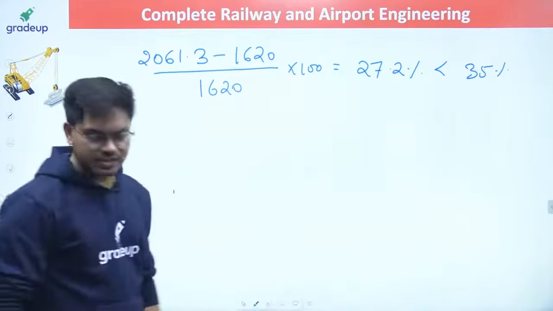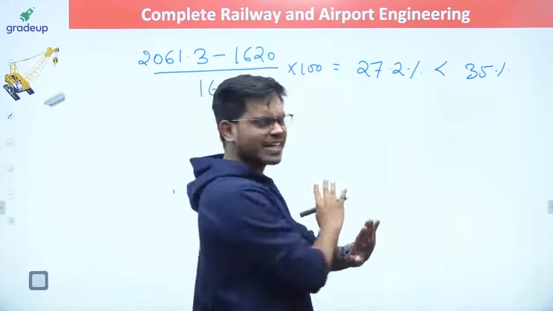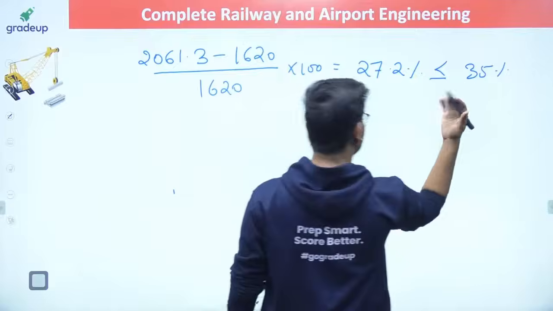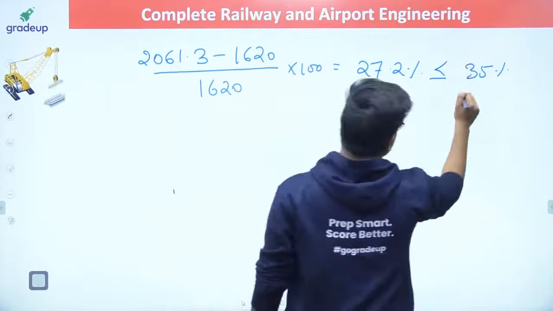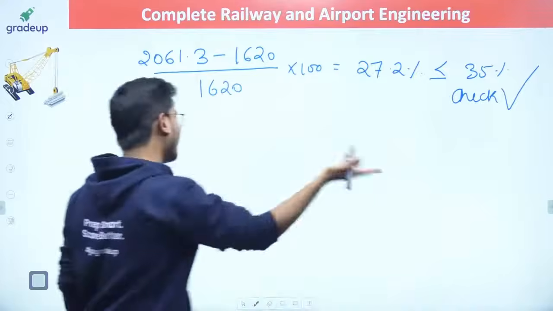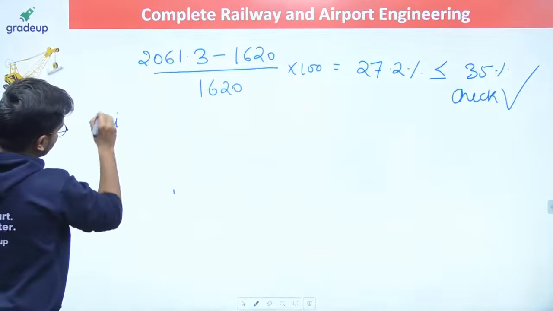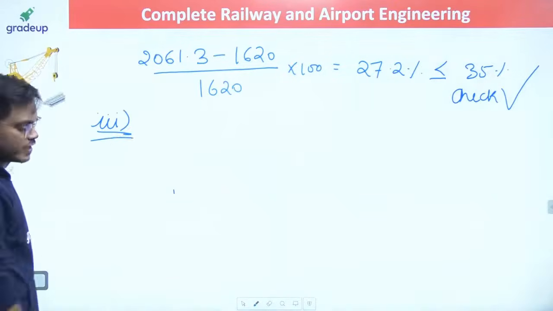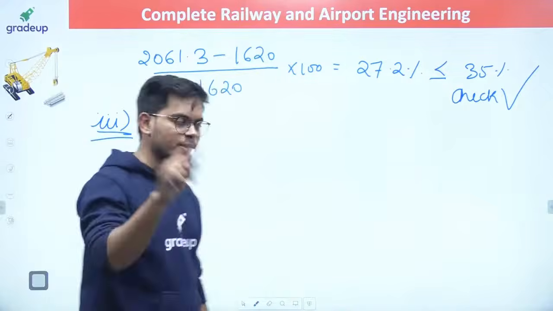So the check is correct. If it is equal, then also it is correct. Now I can apply the third one, that is because of effective gradient. How much? 20%.